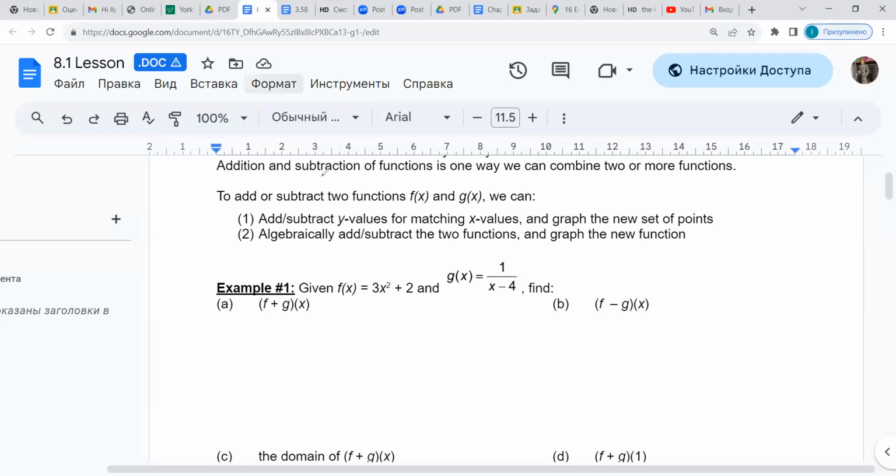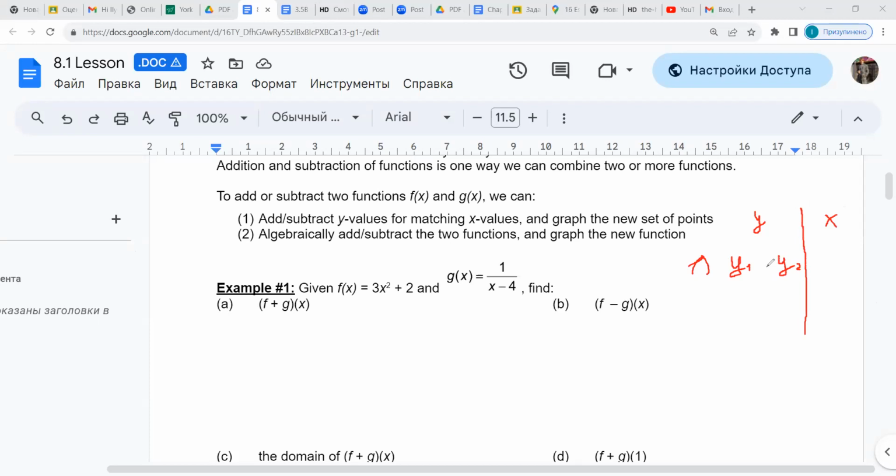So what they say is, basically, scenario number one, we have values y1 and let's say y2 of two functions. And we have a table of values for points y and x.